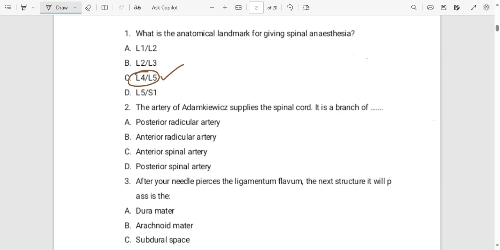Okay, so let's do this. When you're talking about the spinal cord, the blood supply to the spinal cord, there are three main ones. Number one are spinal arteries. About spinal arteries, you are going to have one that is going to be anterior and two that are going to be posterior.